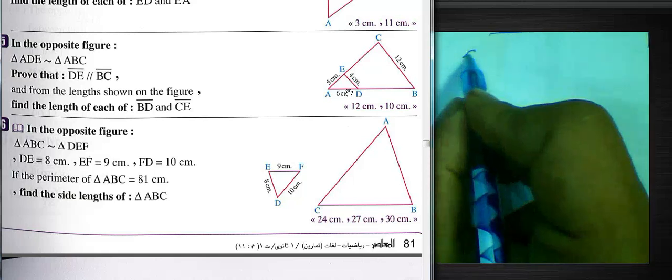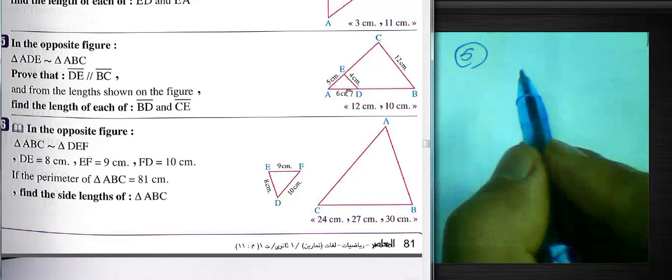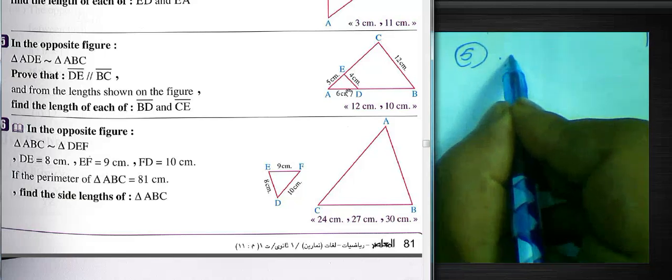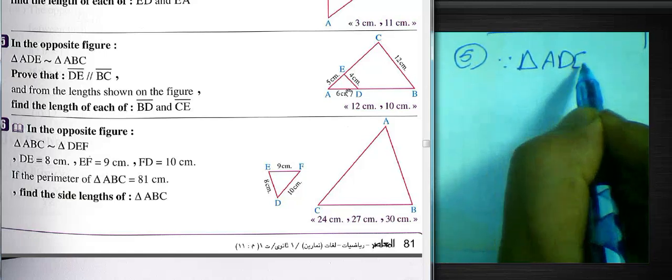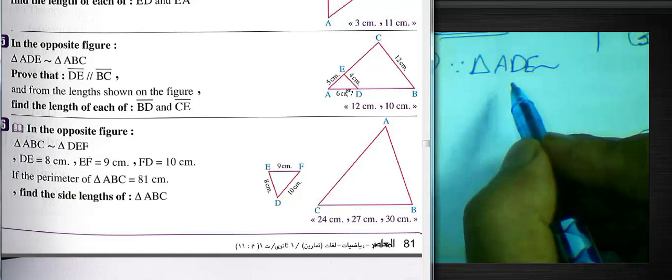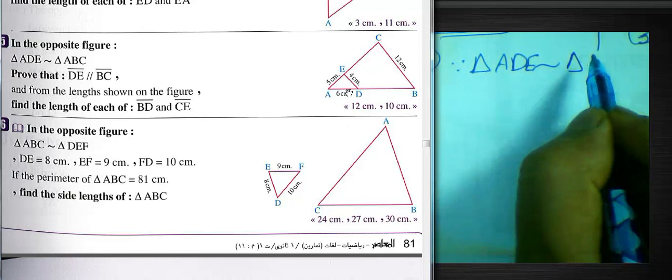Okay, I will write it here to make it understood. Question number 5. Look with me here. Therefore, triangle ADE is similar to triangle ABC.